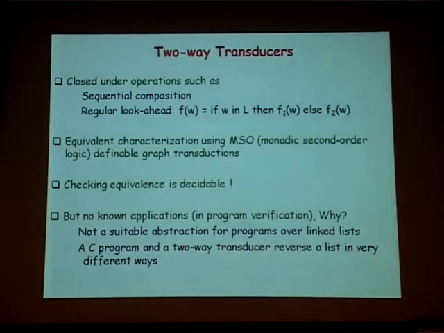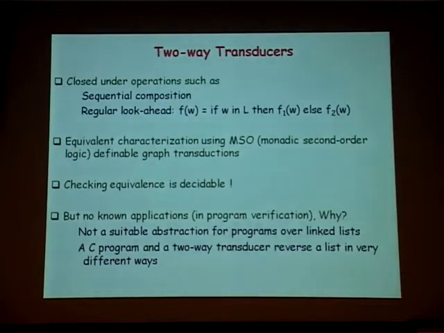So two-way transducers could be useful. This result here, that equivalence is decidable, could be useful to formulate some problems and understand their complexity. But in verification, what we really need is an abstract model of programs so that you can throw away some irrelevant details of the program and compile the program into that model and say automata have that property, but not two-way transducers.